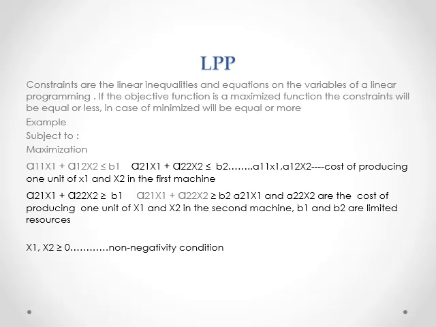Now, x1 and x2 indicates that the decision variable contains 3 products, x1 and x2. b1, b2 up to bn are available resources.